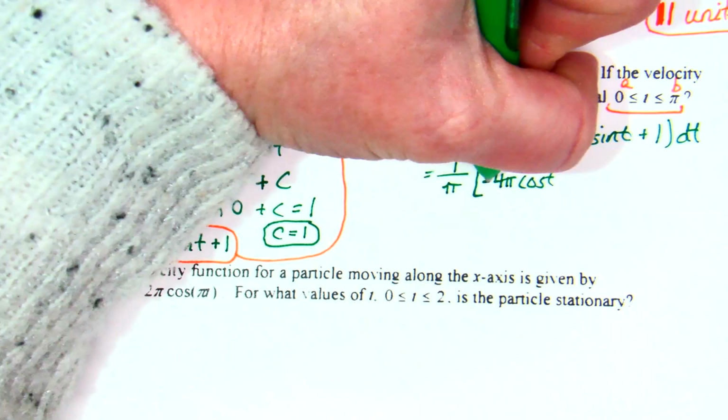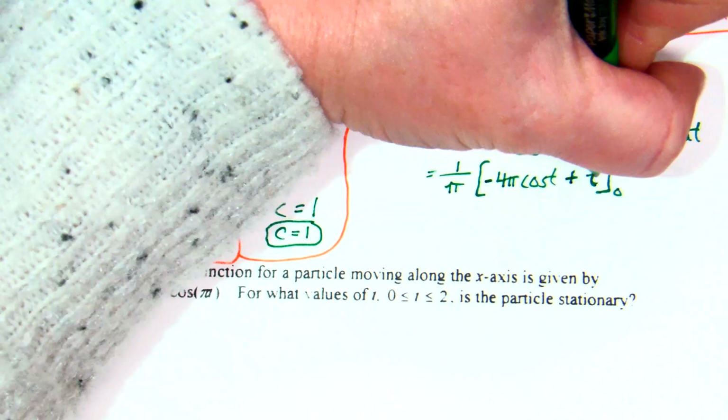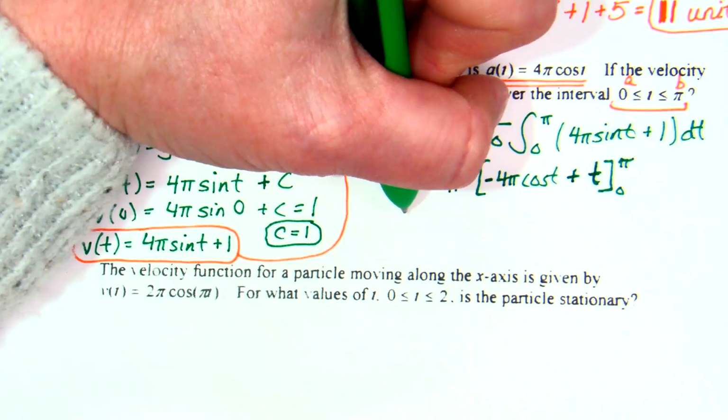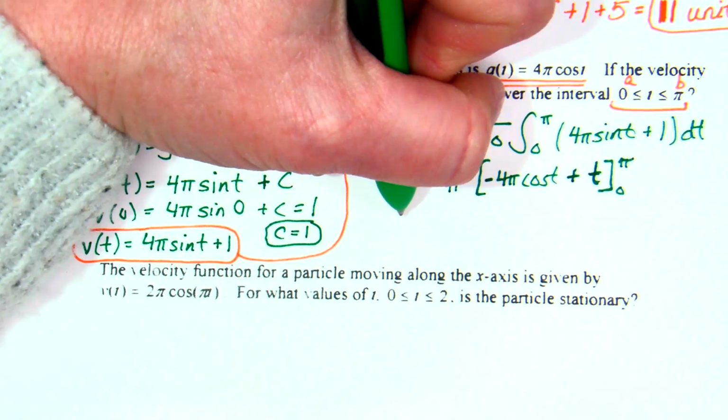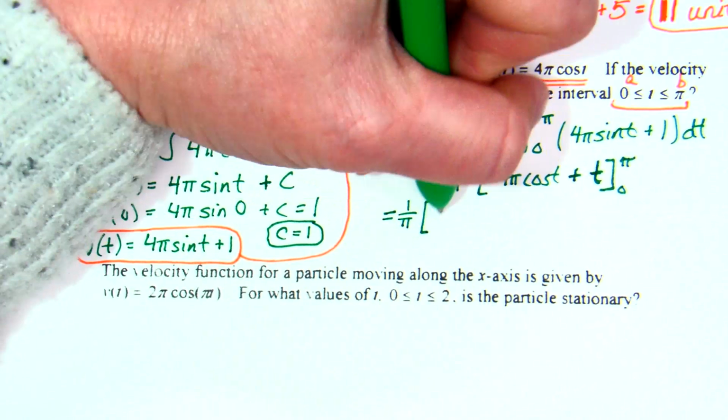Negative cosine of t. So basically this becomes negative 4 pi cosine t, if you will. Plus, what's the integral of 1? t, evaluated between 0 and pi. Again, I'm keeping that 1 over pi out front. First of all, I'm going to plug in pi, right?